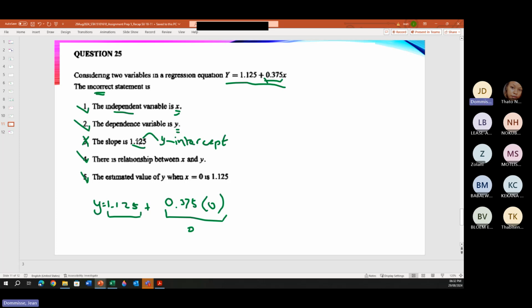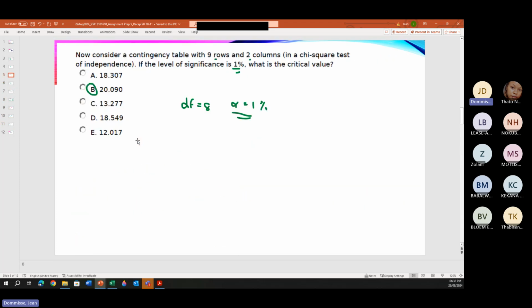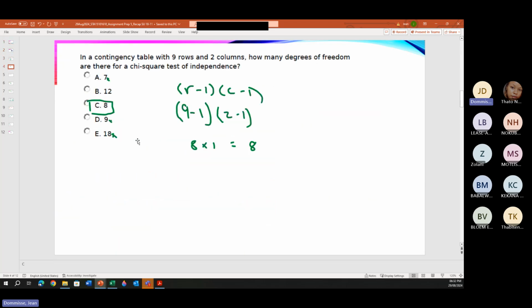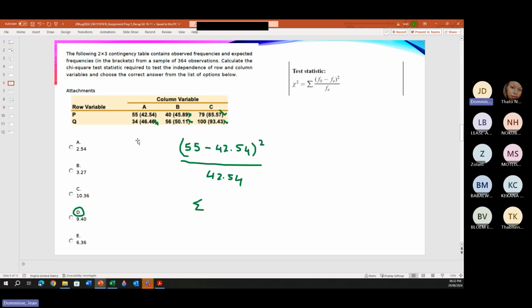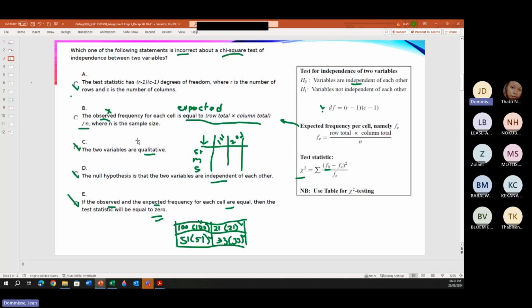Okay, guys, this is a quick recap of study unit 10 and 11. So chi-square, we've looked at nearly all of the things that we need to be able to do in this table.